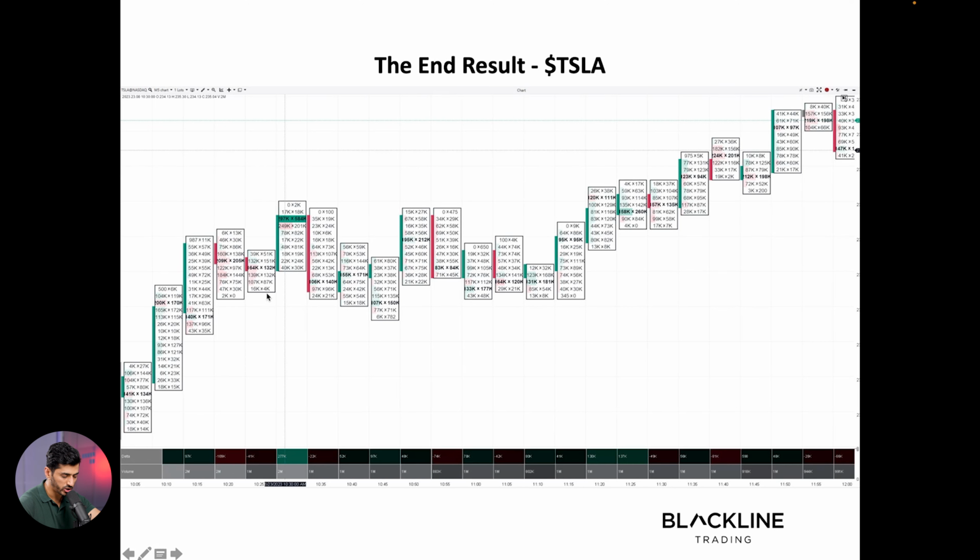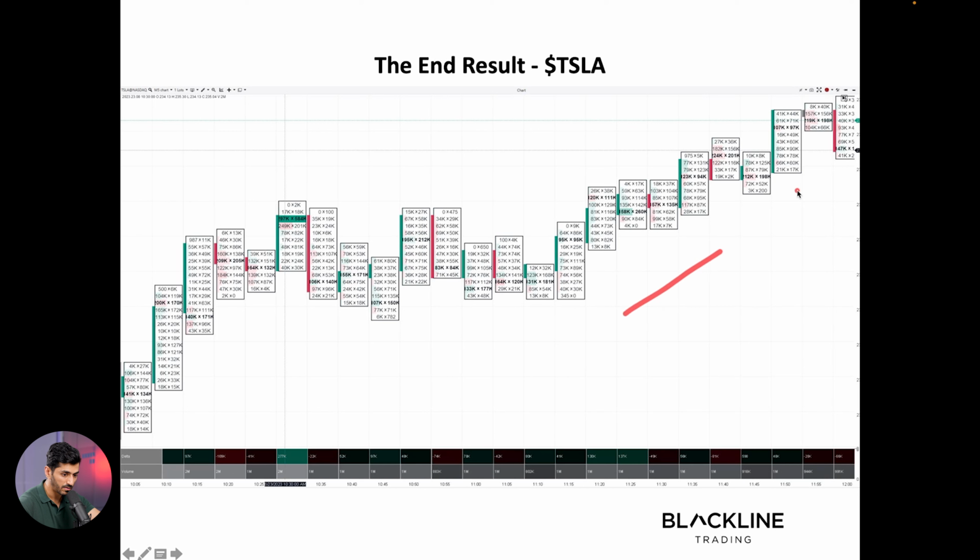This is how the auction process on Tesla ended in that specific session, right? 230 opened, held very strongly, bid stacked, a lot of fills right here, a lot of accumulation. And once that accumulation is over, we see a strong bid on the upside with delta moving positive, with volume moving positive, with the structure of the candle on the order flow again showcasing that buyers are building their position and they are in control.